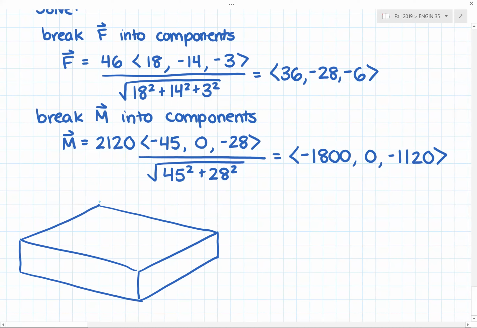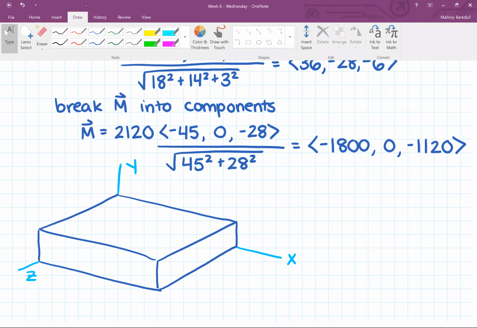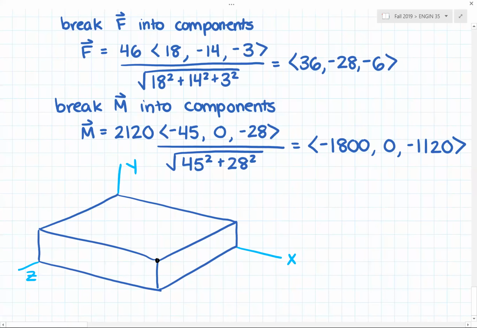We have our X axis here, our Y axis, and then our Z axis. Let's go ahead and put in our dimensions. So this is 14 inches. This is 45 inches. And this distance here is 28 inches.